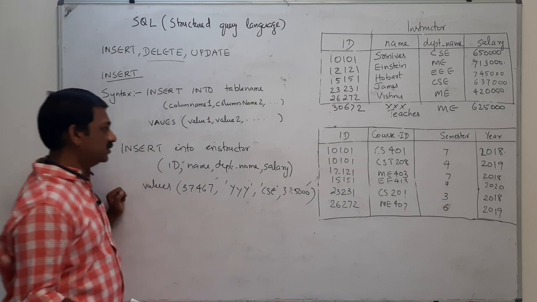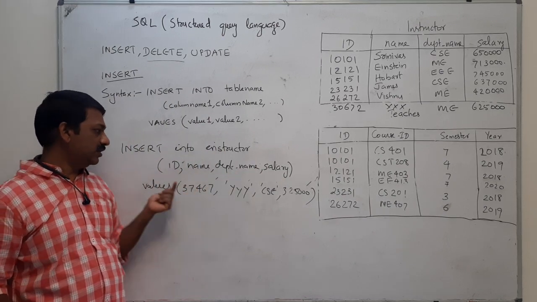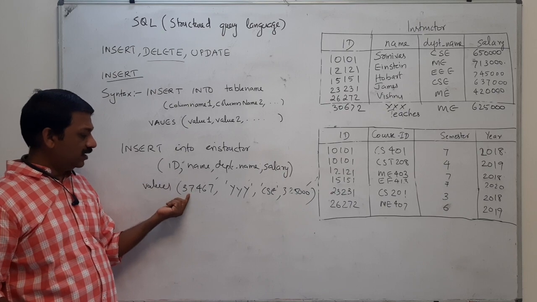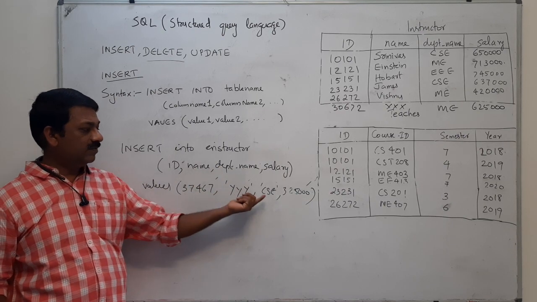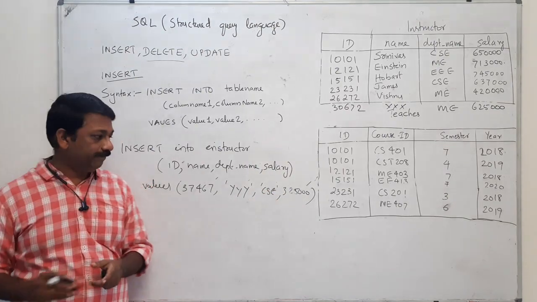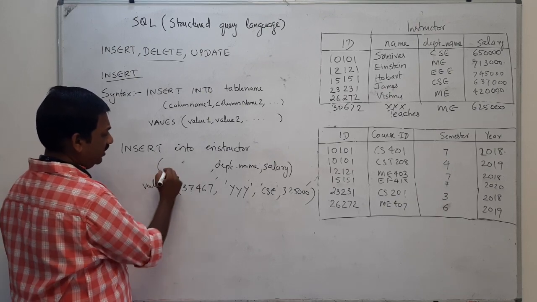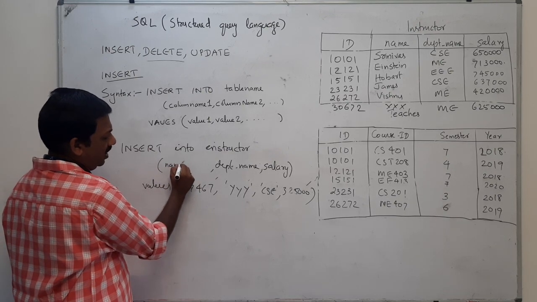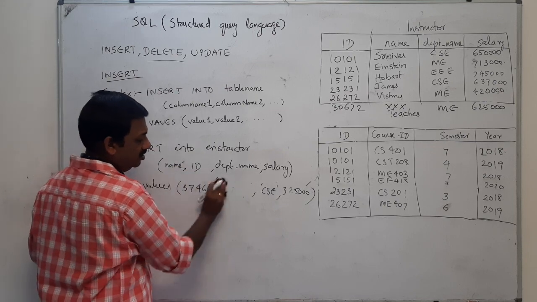That means insert into instructor ID, name, department name, salary. Then ID is defined as 37467. Name is YYY. Department name CSC, and this is 3,25,000.